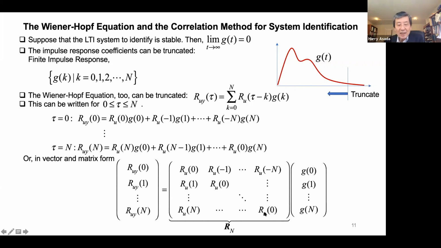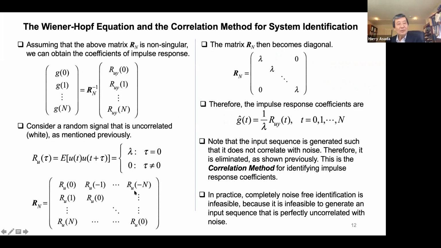So we can make an n by n matrix R_n in this way. If this R_n is non-singular, we can obtain our G_0 to G_N from the cross correlation. So G_0, G_1, to G_N equal R_n inverse, an n by n matrix inverse, times the input to output cross correlation from time 0 to n.